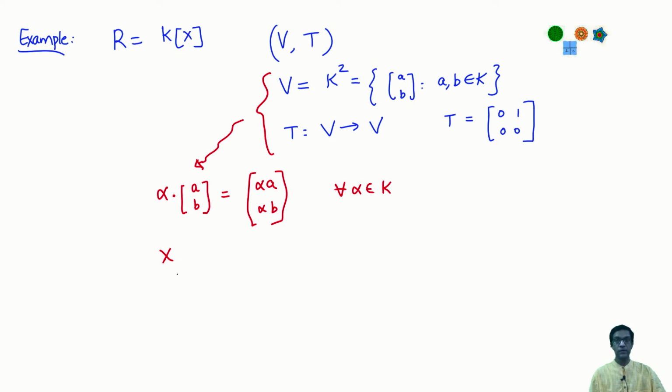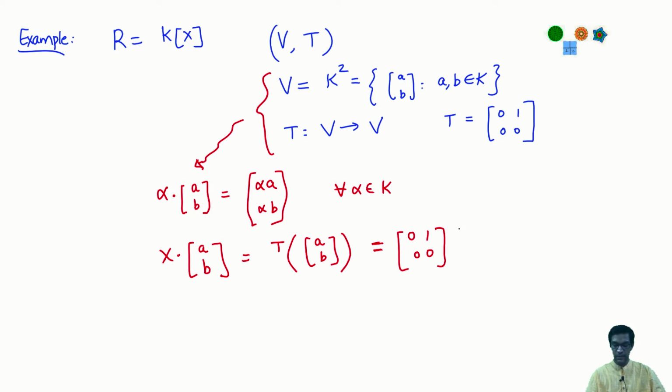Next I tell you what x does. How does x act? Well, x acting on an element of this vector space is given by the action of T on that element. So T really performs the role of x, and in this special case, what is T on (a, b)? I just need to multiply [[0,1],[0,0]] on (a, b). So that's just (b, 0).